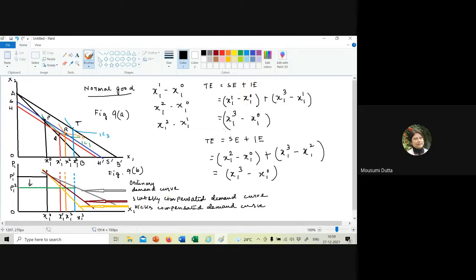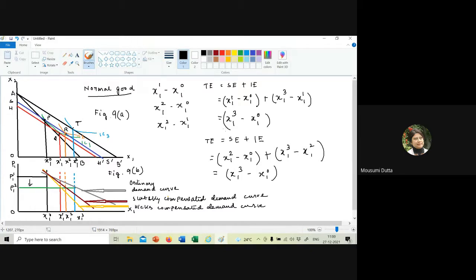On the basis of the total effect, we derive the ordinary or Marshallian demand curve. The total effect is the same both for Hicks and Slutsky, and on the basis of this we draw the ordinary demand curve. If you look at the diagram, we have only one ordinary demand curve.